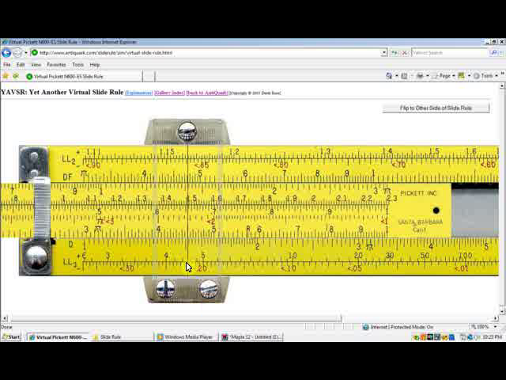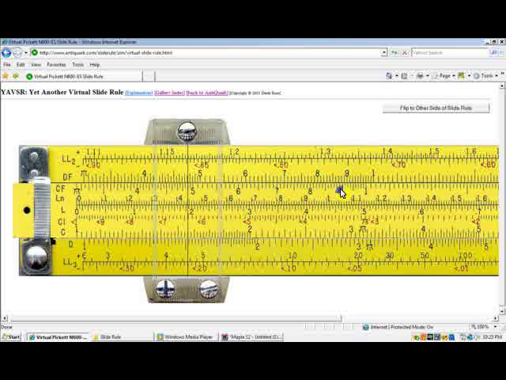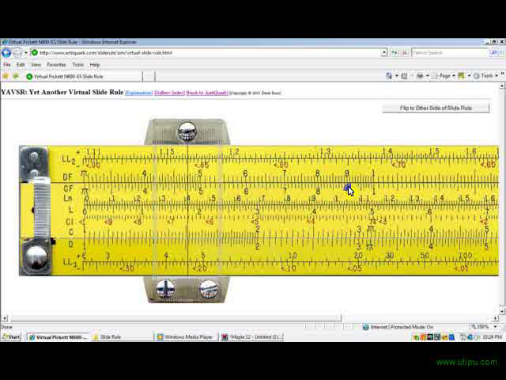That should come out to, interestingly enough, 4.5. And indeed it does. I just checked it on my calculator. So that's how you can use the double log scales in order to calculate exponents.